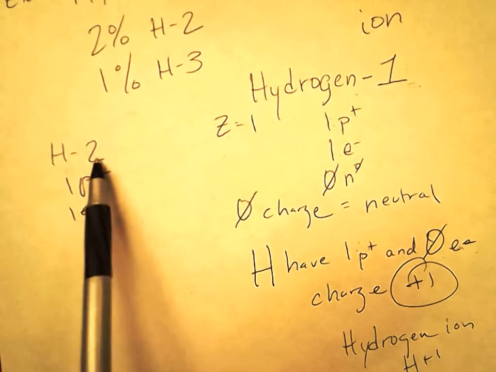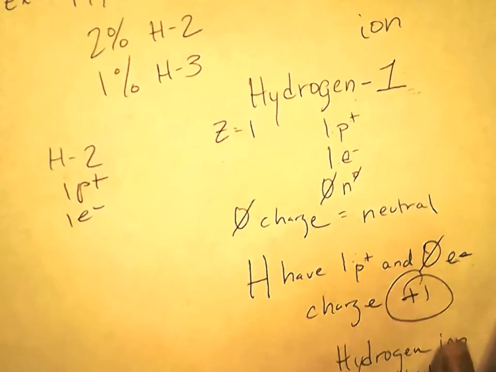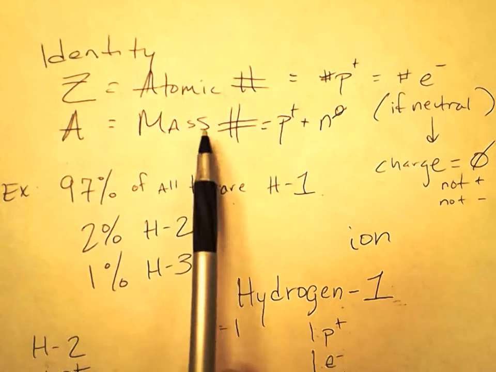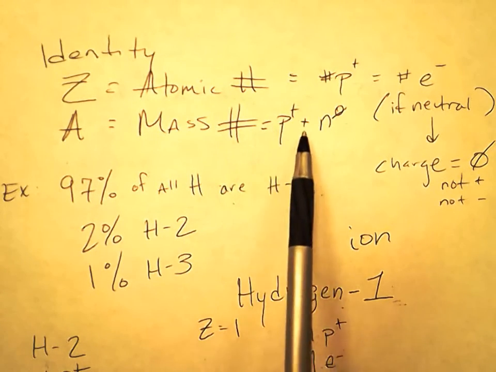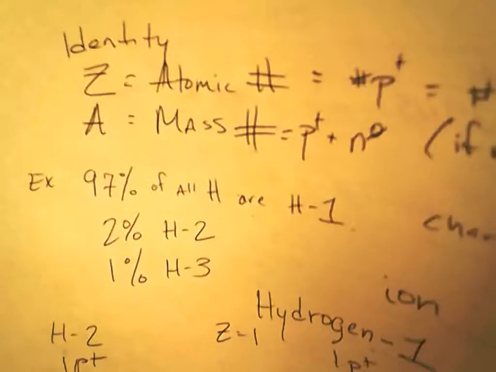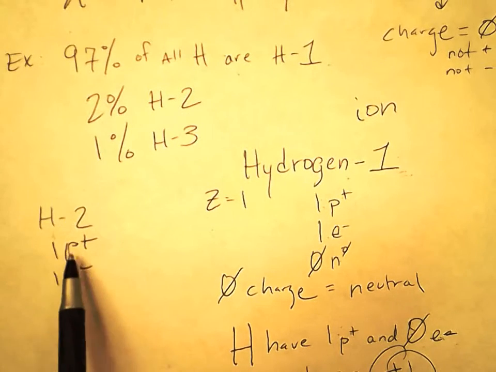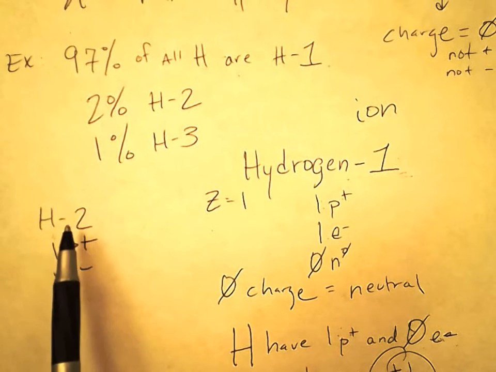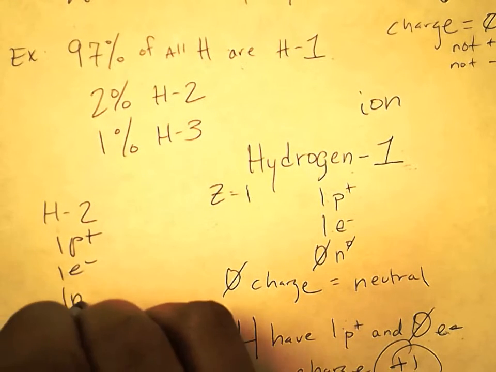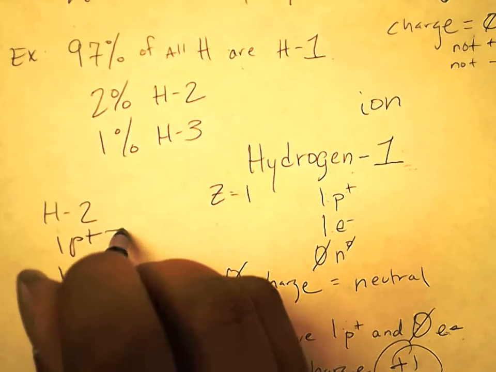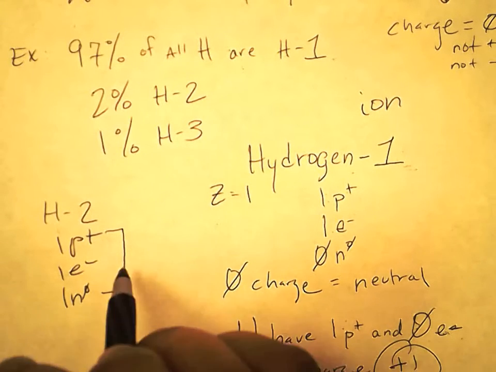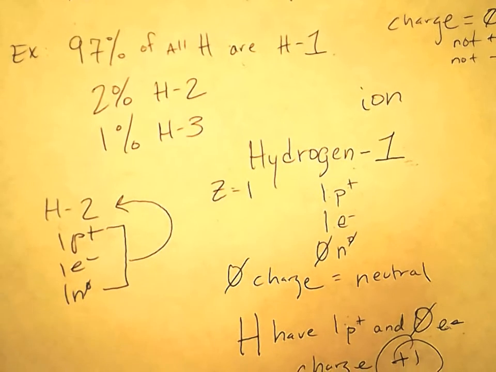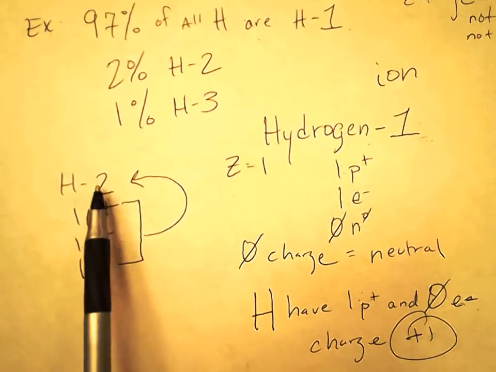What does the number after the dash always tell you? That's always your mass number, protons plus the neutrons. So then if I have 1 proton, what must I have for my neutrons now? 1 neutron. The 1 proton plus the 1 neutron is what's getting you the 2 now. So the mass is 2.